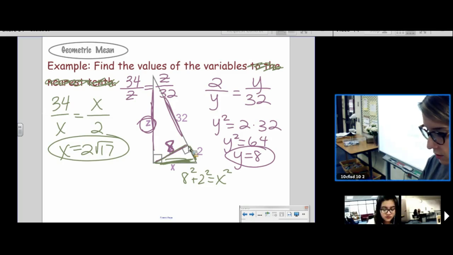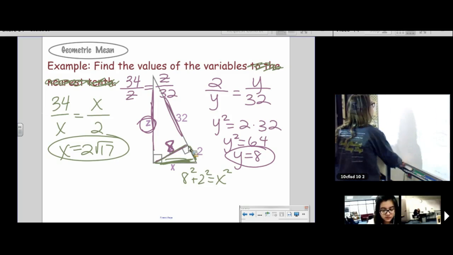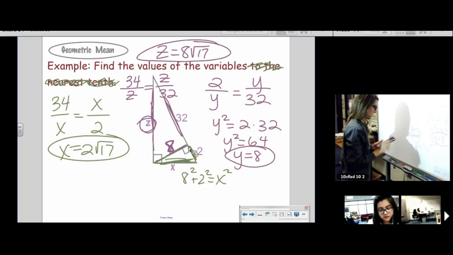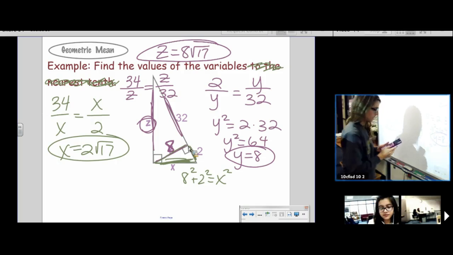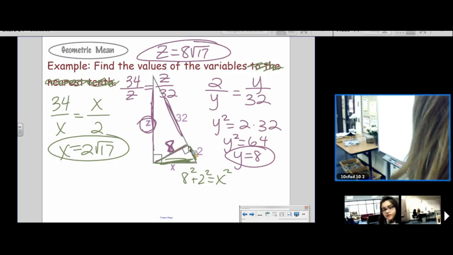Let's see, factor tree that bad boy. I'm getting 8 root 17, because it's 64 times 17, and 64 is a perfect square. Lesson over.